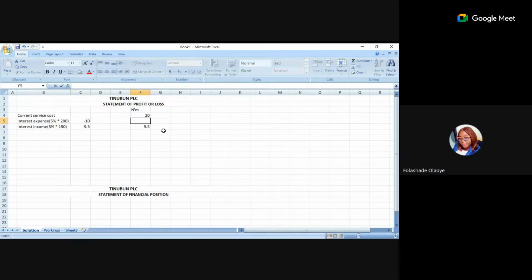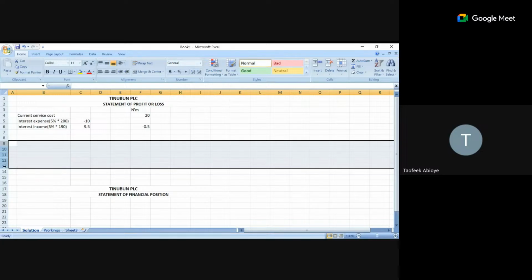What if we don't report it at net? Nobody will take you up on it. It is your choice: either you report it at net or you don't. Anything that you like.